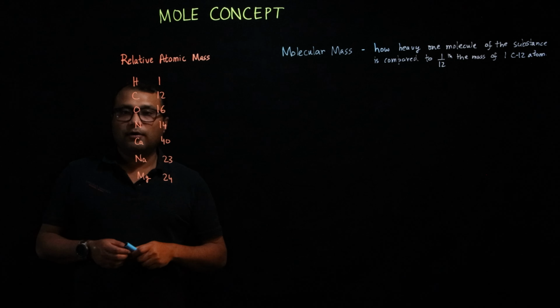So molecular mass of water, which is H2O. Okay, so how do you find that? Here we have two atoms of hydrogen and one atom of oxygen. So we can write 2 into atomic mass of hydrogen plus 1 into atomic mass of oxygen.